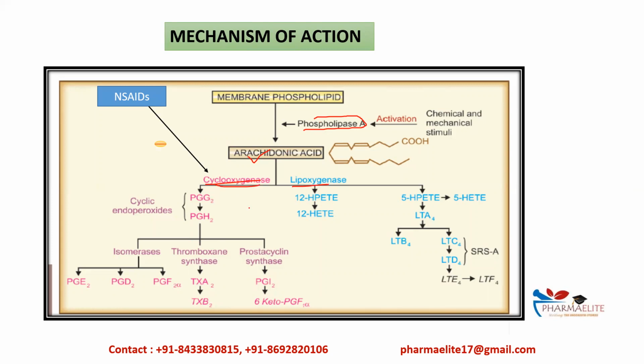Cyclooxygenase will convert arachidonic acid into different prostaglandins, and lipoxygenase will convert it into leukotrienes. But our major focus today is on cyclooxygenase. NSAIDs will block this enzyme, and we have already seen that our drug of the day, ibuprofen, is a non-selective COX inhibitor. It can act on any of the COX enzymes.